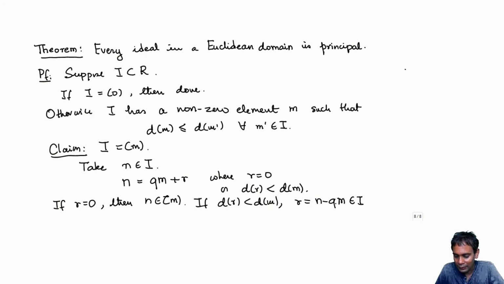Because n is in I and m is in I, so qm is in I, and so minus qm is also in I because I is an additive subgroup, and so n minus qm is also in I. But then d(r) is strictly less than d(m), which is a contradiction. So I has to be generated by any element of minimal size in it.